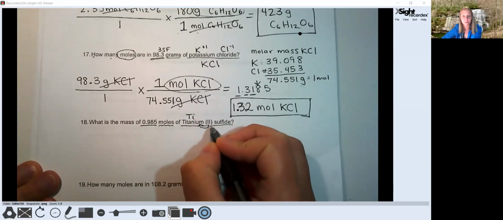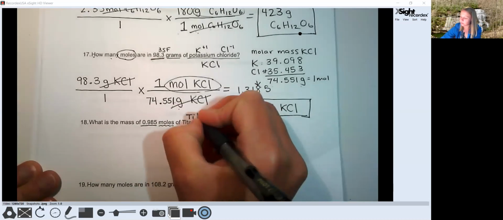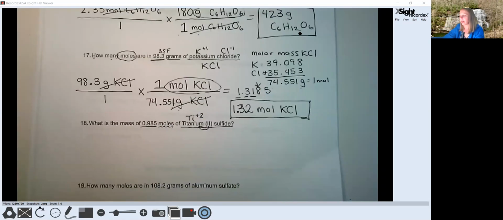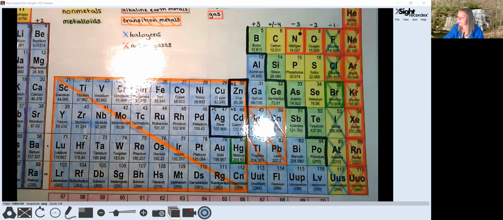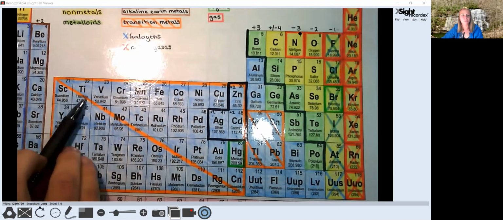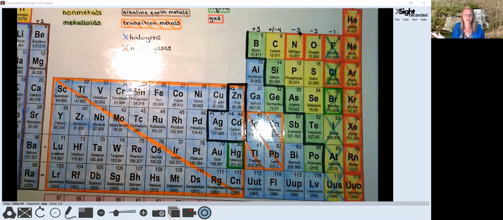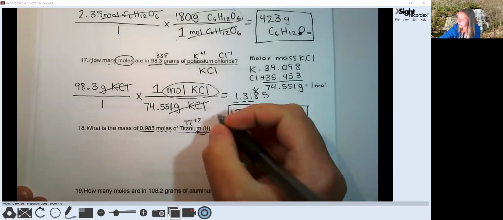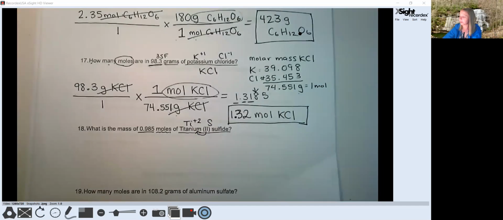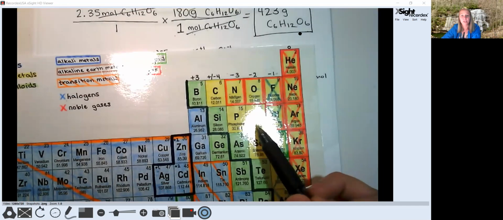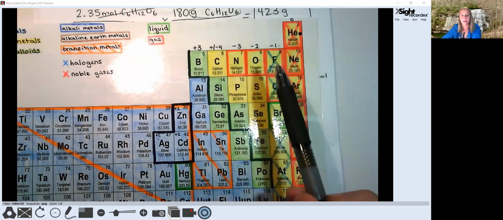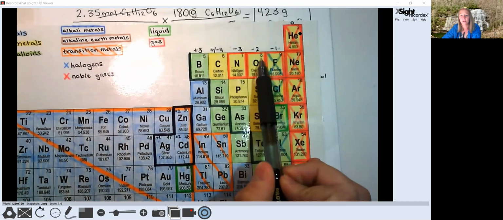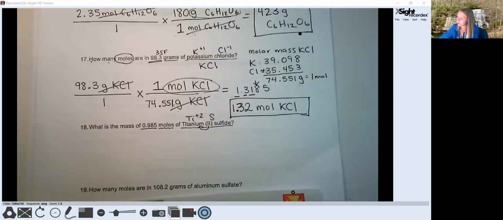Because it's Roman numeral 2, titanium has a +2 charge. We wouldn't know that looking at our periodic table, because titanium is in the transition metal section, so it has to be told to us. And then sulfide would be sulfur, which has a -2 charge.